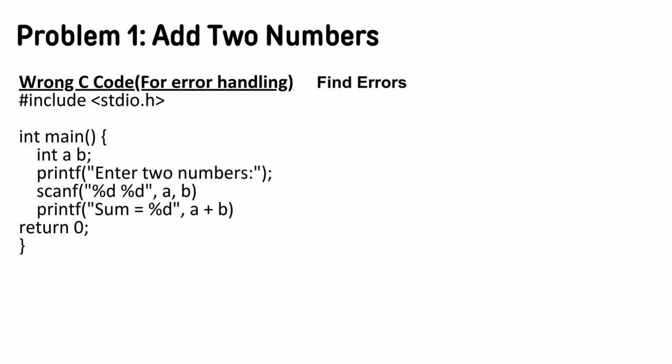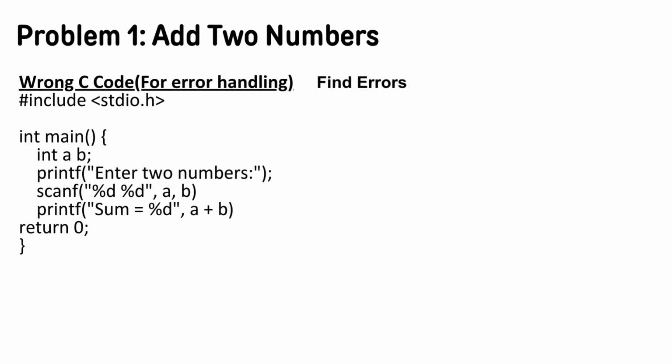Every statement will end with a semicolon. So a scanf statement and a printf statement will end with a semicolon. In the printf function, at the last there should be a semicolon, so there is a missing semicolon in the printf line also.